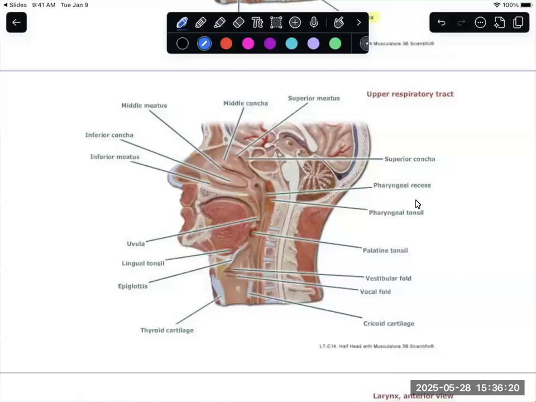If you remember from the bones chapter, we have different concha in our nasal cavity. The inferior nasal concha, or inferior concha, that is its own bone, if you remember. Then we have the middle nasal concha, and then we have the superior nasal concha.